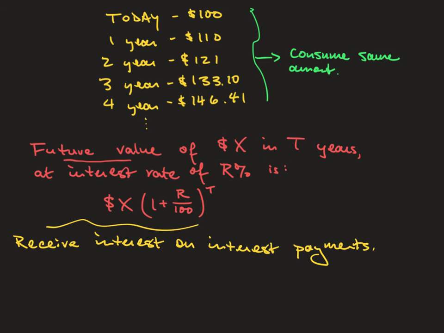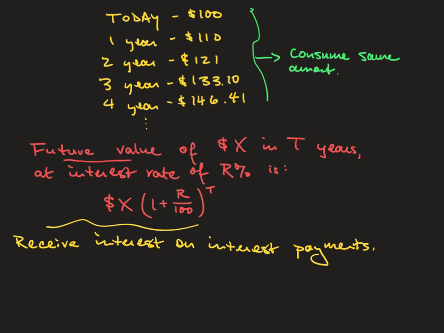Then going from year 2 to year 3, you get interest on your original $100, interest on the $10 of interest you got in the first year, and interest on the interest on that money.